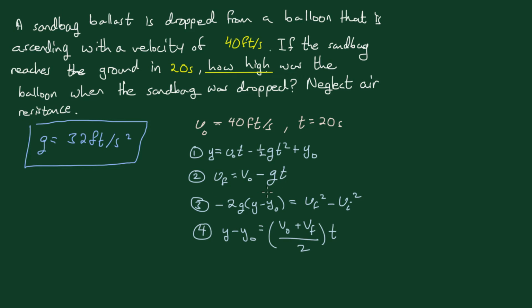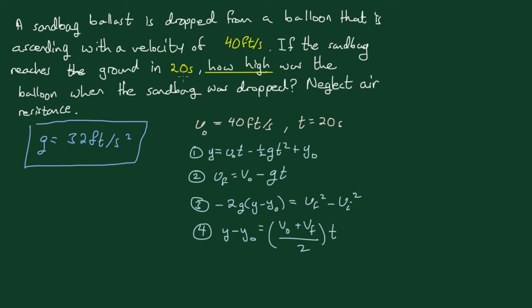That leaves us with the first one, where we are given time and we have the initial velocity. All we have to do is solve for y0, the initial height. And like I mentioned with the fourth formula, we can logically deduce what y should be.